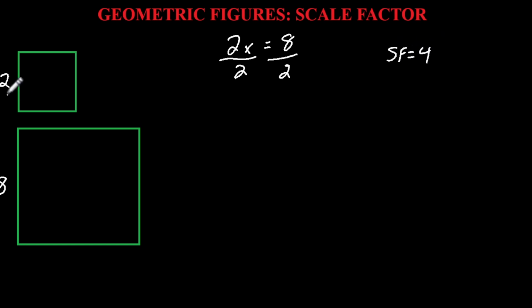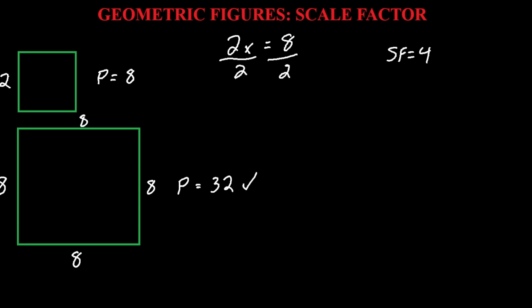So if I find the perimeter of the smaller one and all the sides are 2, so the perimeter here is 8, multiplying by 4 would give me the perimeter for this one, which would be 32. Let's test that. So if all the sides are 8 on this one, adding up all 4 sides gives me a 32, so that checks out.